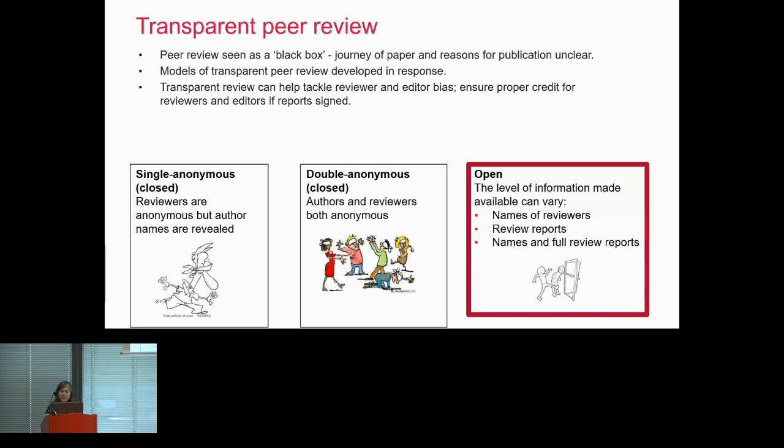And the value of transparent peer review lies not only in helping readers to understand why a paper was published, but can maybe help reduce some of the biases in the review process. So if all parties know their comments will be accessible after publication, it is hoped that better reports might be prepared.